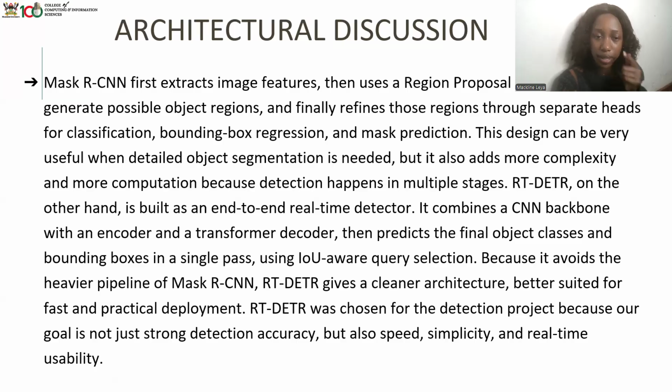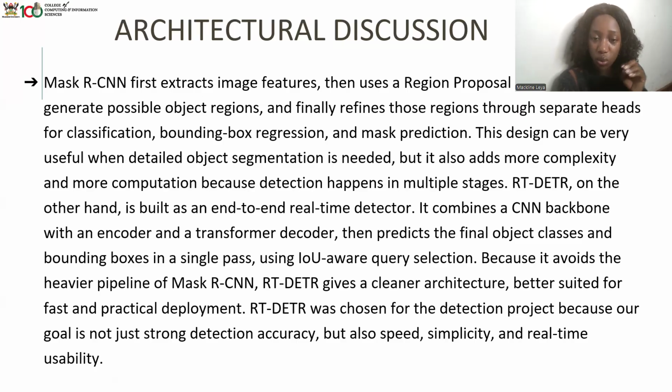It undergoes one stage, while Mask R-CNN undergoes two. First of all, it extracts the features and also uses the RPN to propose the regions required. Afterwards, it will have to refine these regions through the separate heads so that we can classify and get the bounding boxes. But the real-time detection transformer is a one-stage process.